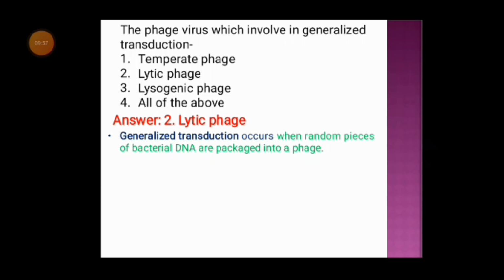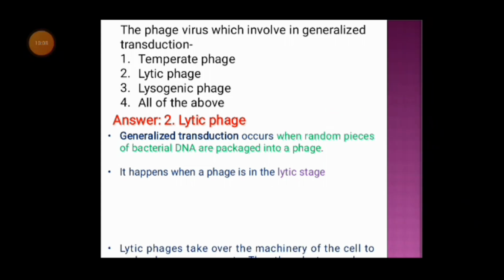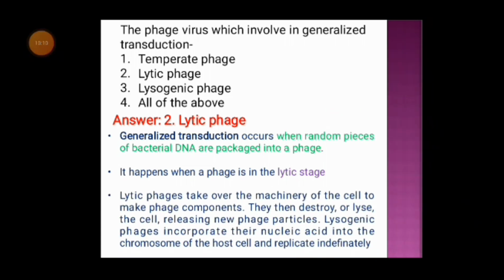Generalized transduction occurs when random pieces of bacterial DNA are packaged into the phage. It happens when the phage is in the lytic stage. Lytic phages take over the machinery of the cell to make phage components. They then destroy or lyse the cell, releasing new phage particles.